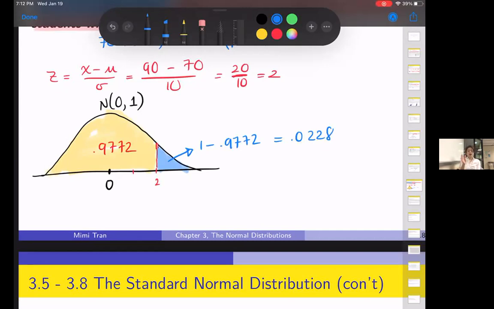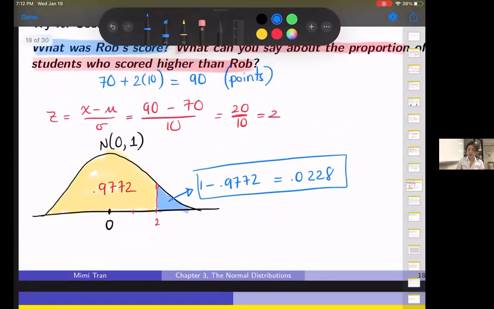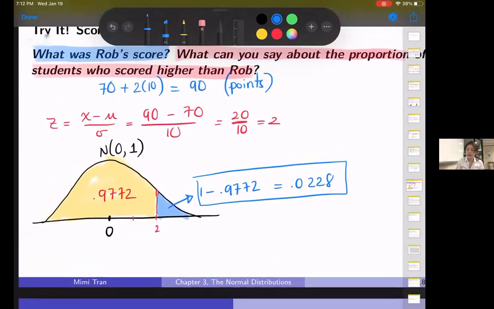So the area from the left up to that point, you can look it up on the table, right? But if you want to calculate the right tail area, you have to take the complement, meaning 1 minus the area from the left, okay? So what can you say about the proportion of students who score higher than Rob? Well, roughly 2%.